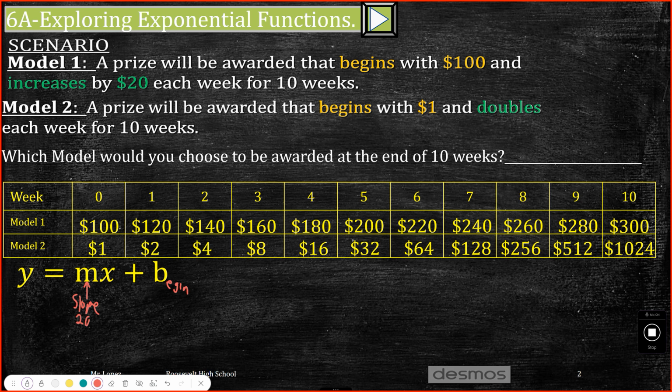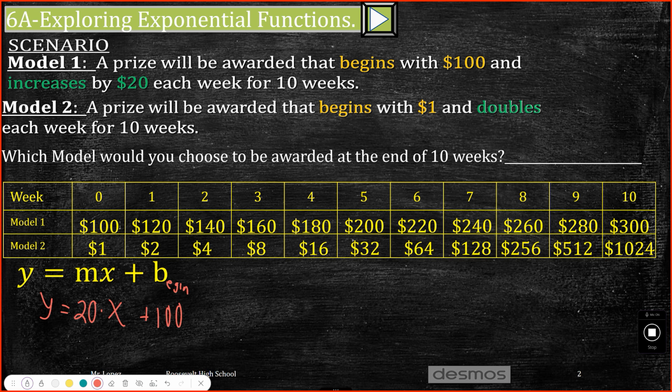And what is the beginning amount? 100. So for this you put 100, and then you put m for the slope, how much you increase every week, times x, and this is y. So this is the formula that would give you any week.